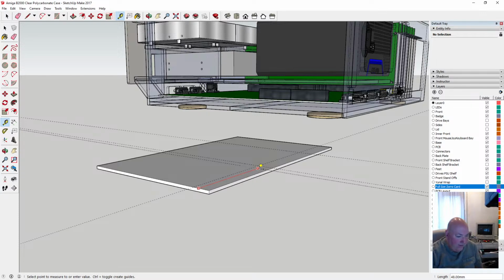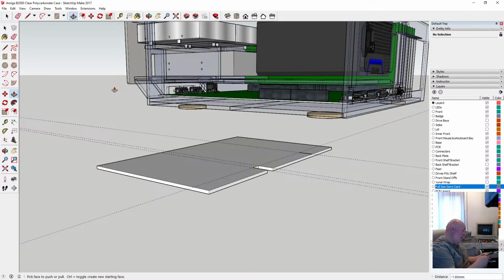Anyway, that's what we got, so we can model those bits. So go like that. Okay. And what's the other bit? Oh yeah, let's just measure that.